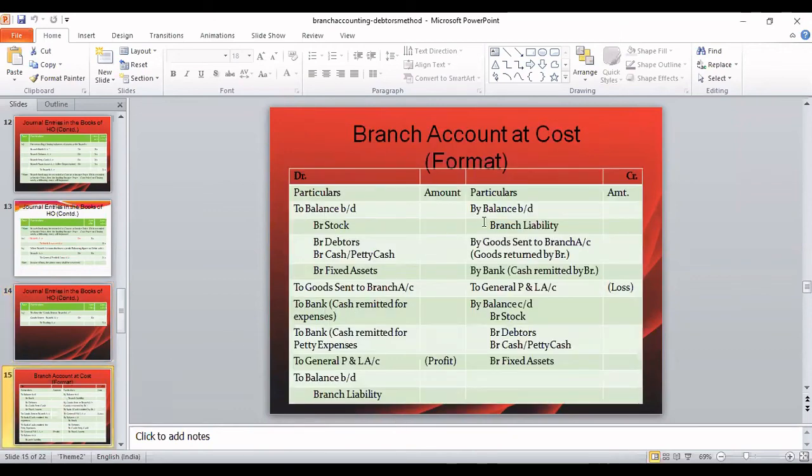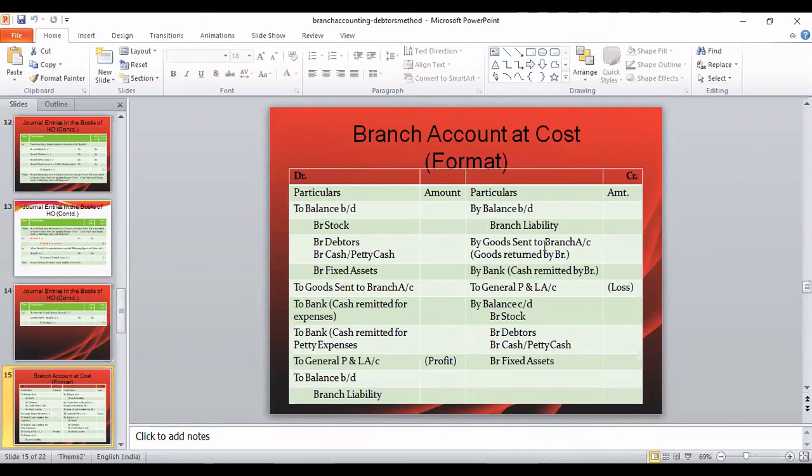This is the format for the branch account that I have shown you in the last lecture also. Just quickly see, on the debit side you can see all assets, on the credit side the liabilities are there. We have to debit the goods sent to branch, all expenses incurred by head office, and amount paid by head office to branch; that will come on the debit side of the branch account.